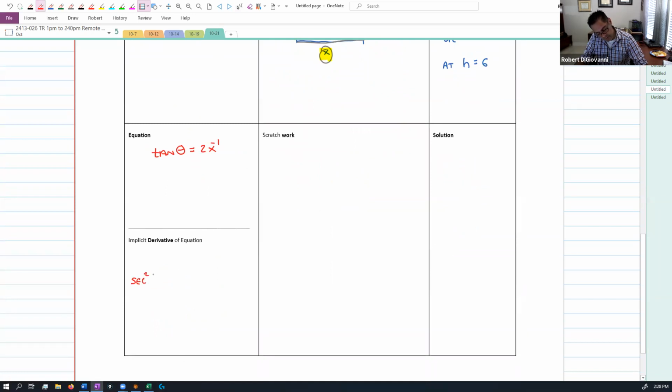Secant squared theta times d theta dt equals -2 x to the -2 dx dt. So I just used power rule over here. -1 came out, subtracted 1 from the power, took derivative of x with respect to t. I'll go one more line here. I'll drop that x squared down. There we go. I like that.